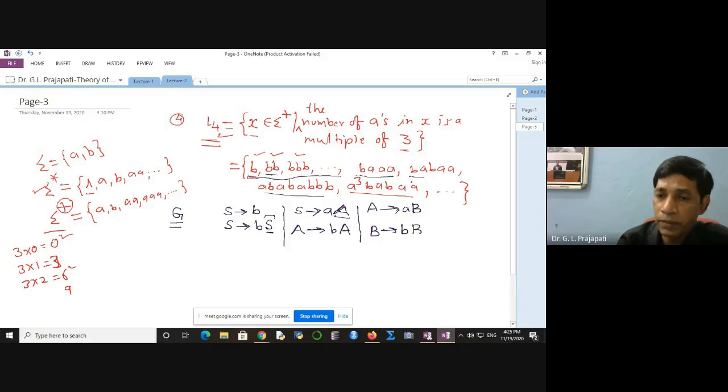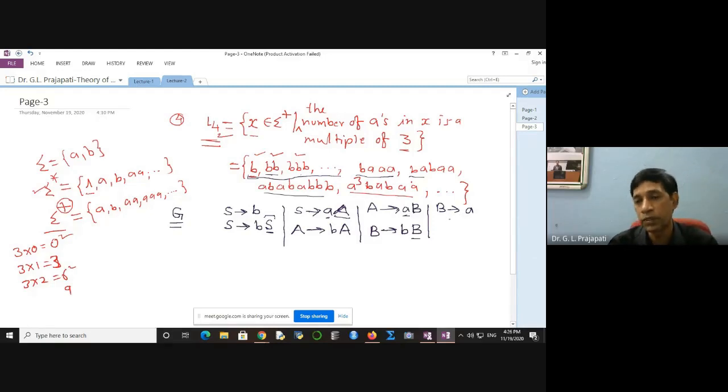We need again the same number of a's here. Now next, if B starts with a. So if B starts with b, no problem. If B starts with a, then what happens? Now one multiple completes. You have the first a here, then the next a, and this is the third one.